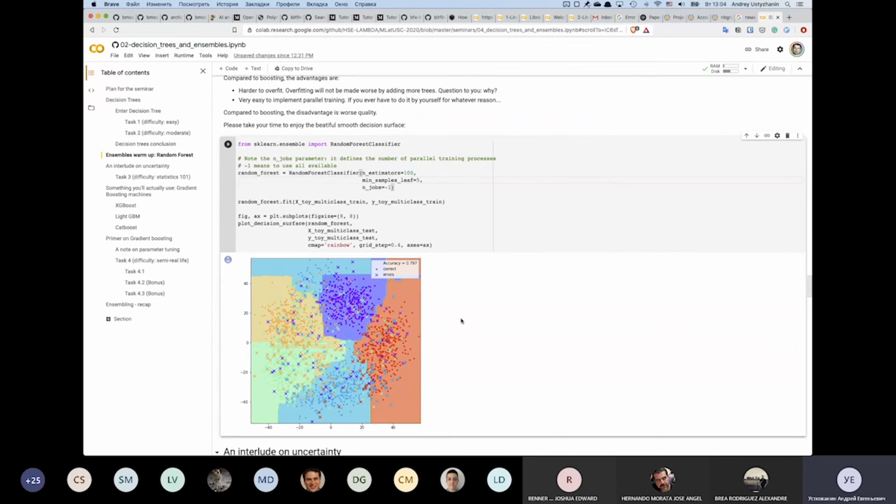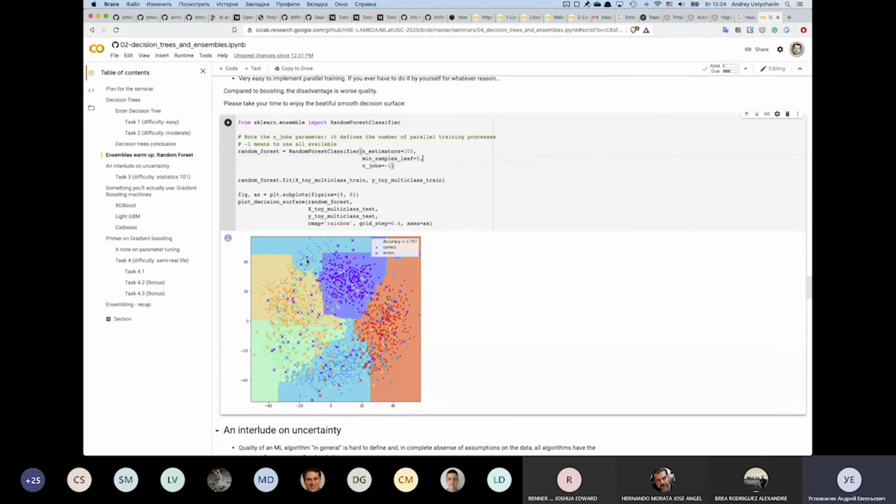And this is it. And you see that colors now on this decision surface are looking much smoother. Despite the blurriness and overlap between those classes, it still performs quite nicely.